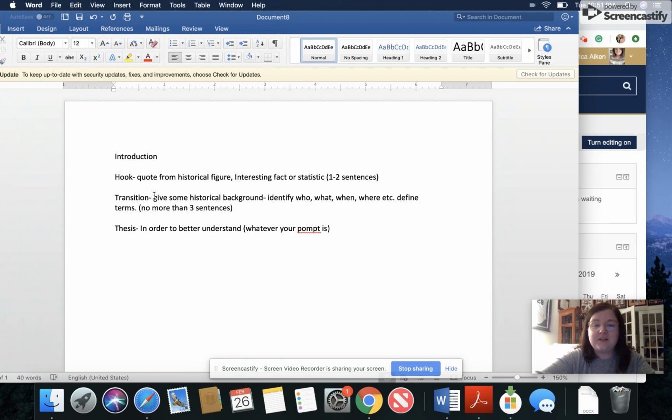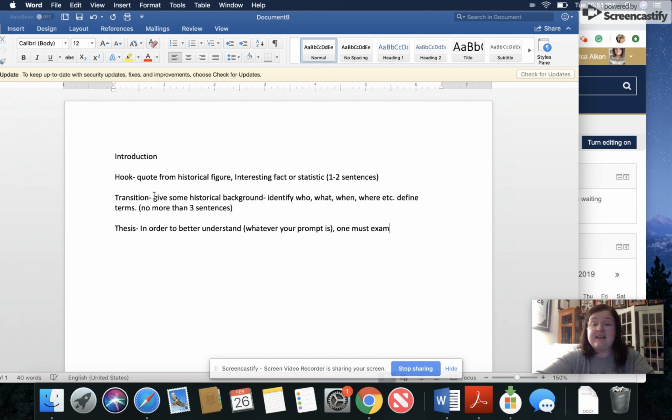So it could be, in order to better understand the causes of the French Revolution, in order to better understand Marxian theory, in order to better understand Ottoman use of weapons, or the relationship between church and state, whatever your paper is about.